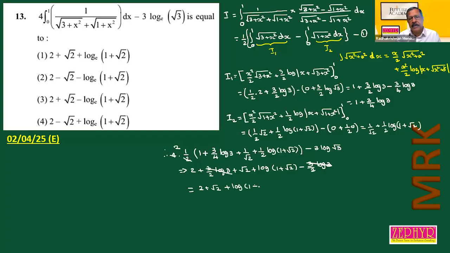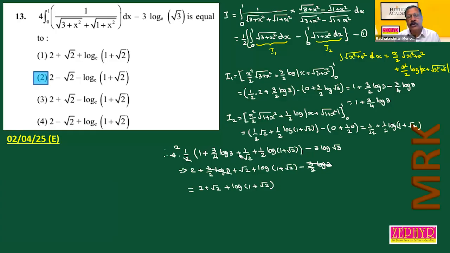I don't know whether there is any error in calculation or not. Is there any answer like this? 2 plus root 2 plus log 1 plus root 2, that is option 1. So option 2, there is one minus sign. 2 minus root 2. Why? So, yeah, second one is minus 1. So it is coming like this. So I1 minus I2, is it not?